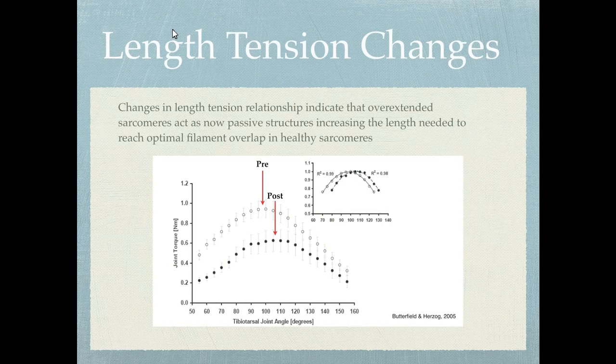And you can see that here. If you look at joint torque pre and then joint torque post, we can clearly see that the angle to reach maximum filament overlap, which is indicated by force output, is much larger post than pre. And it's likely that's caused by these passive sarcomeres that are no longer functional.